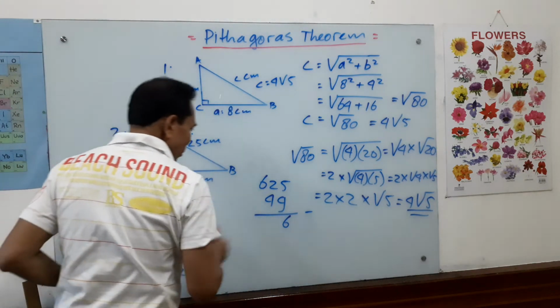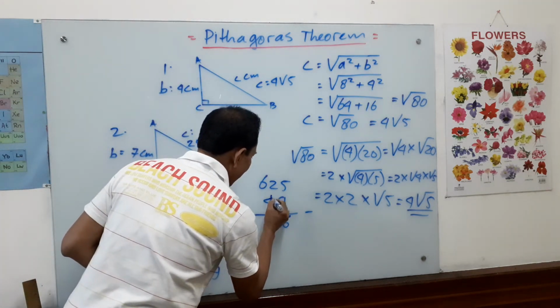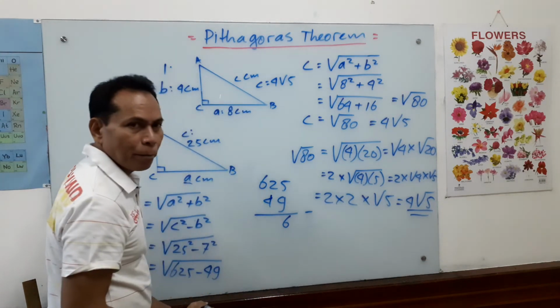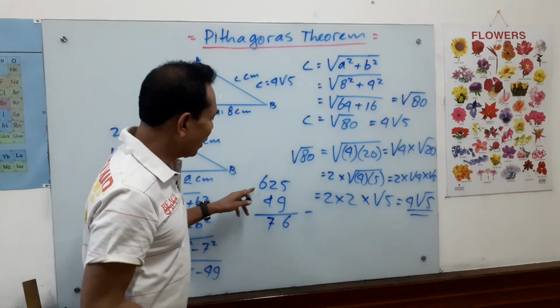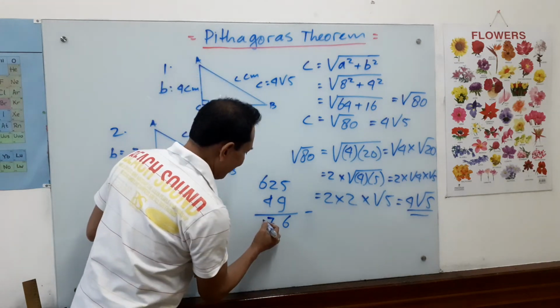I have to write this properly so you don't think it's 9. This is 4. Now, we took 1 from this 6, so it is 5 now.